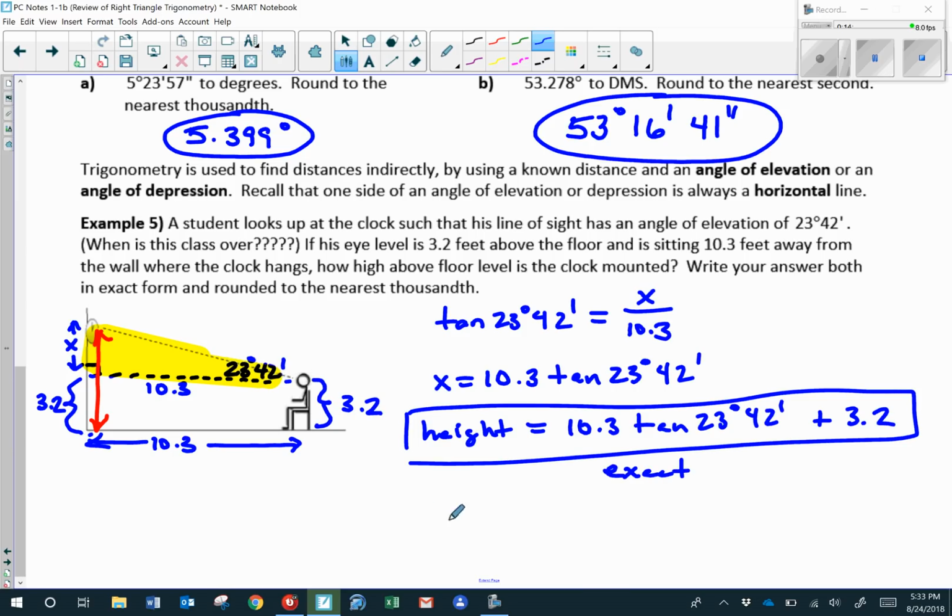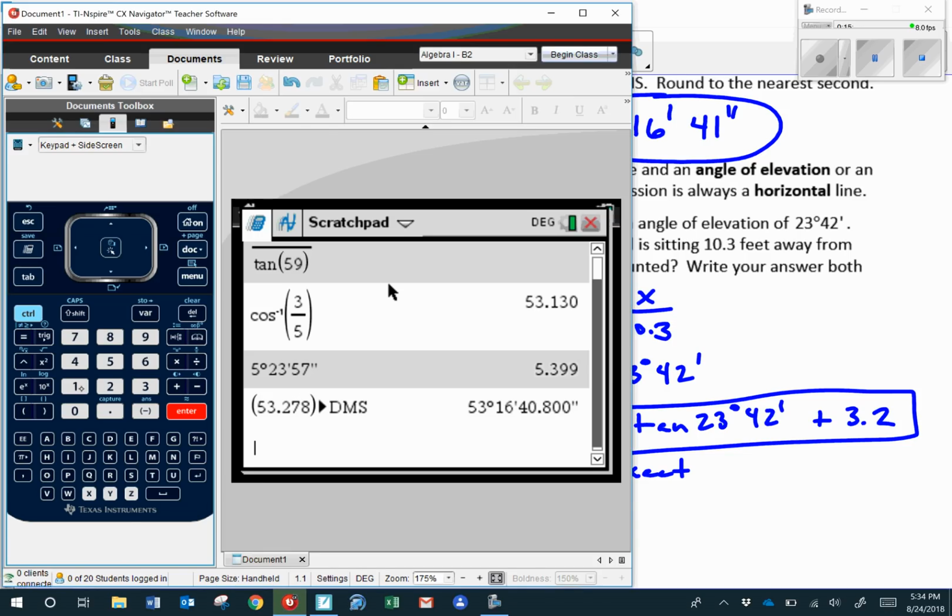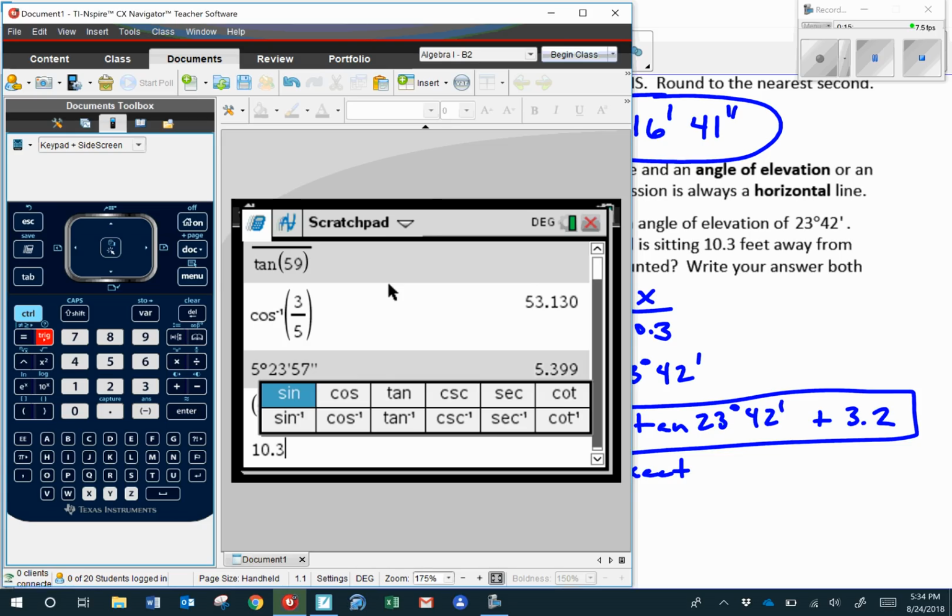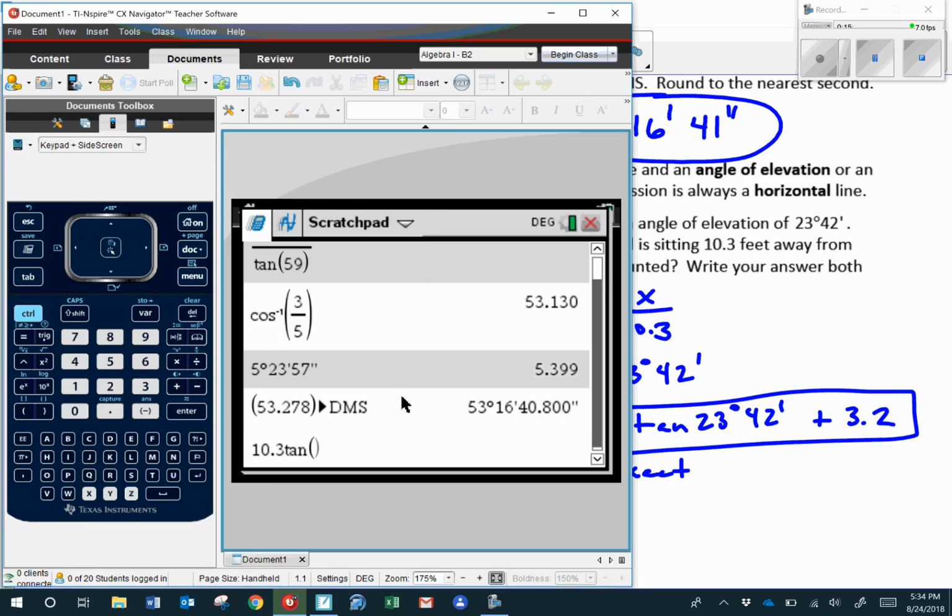And then we can approximate by using the calculator. Now you can type in this entire answer into your calculator, 10.3 times, and even though I'm saying times, you don't have to type it into the calculator. You can just follow it with tangent of 23 degrees 42 minutes. We'll need the degrees and minutes template. So pull that template up, which is next to the 9 key.